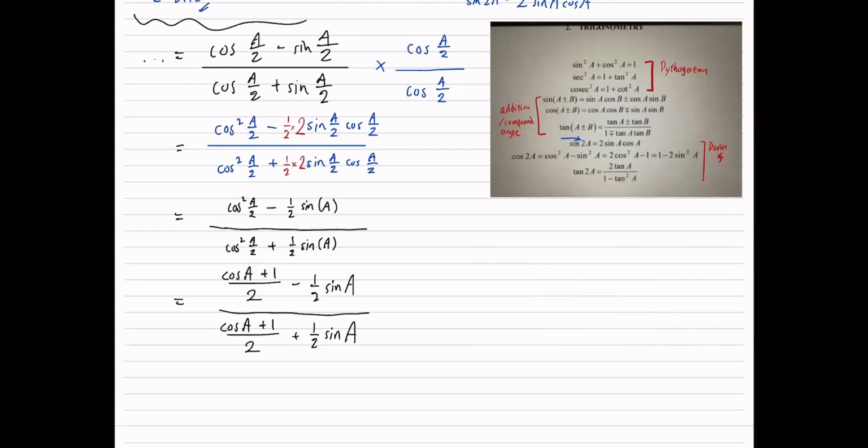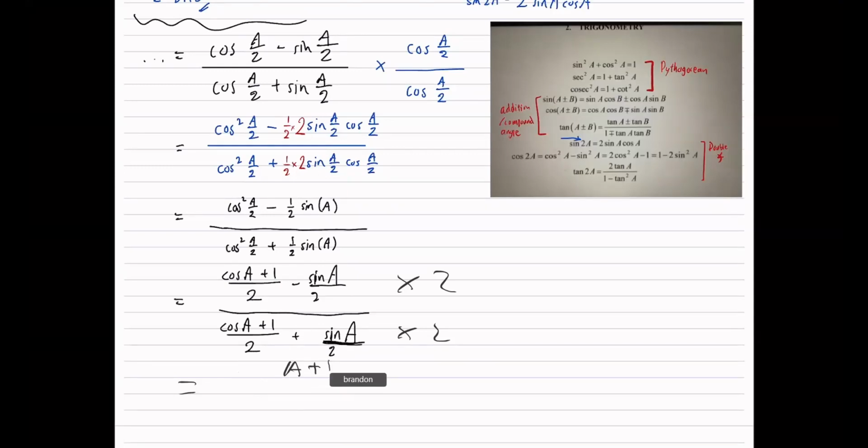Then here you realize that half sine A is just sine A over 2. So we can rewrite it as a fraction, maybe something like sine A times 2 top and bottom. Yes, exactly.